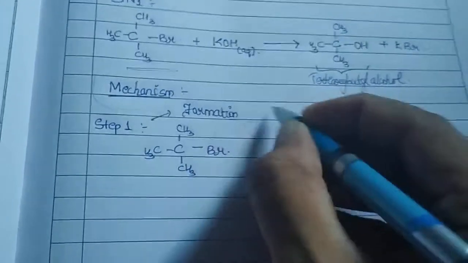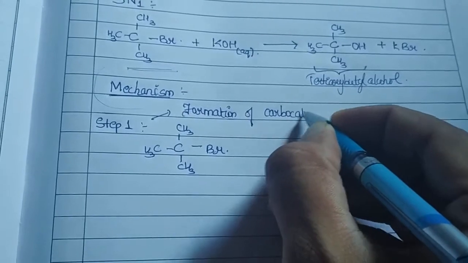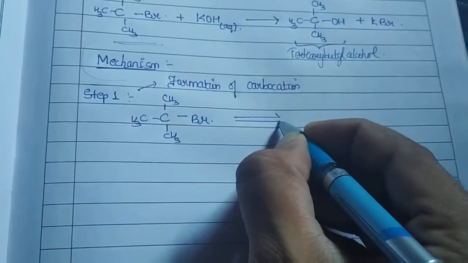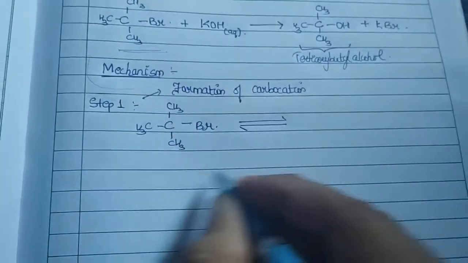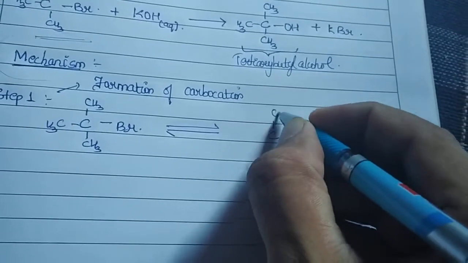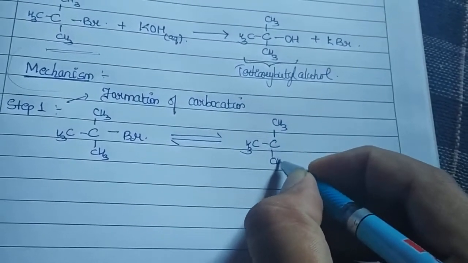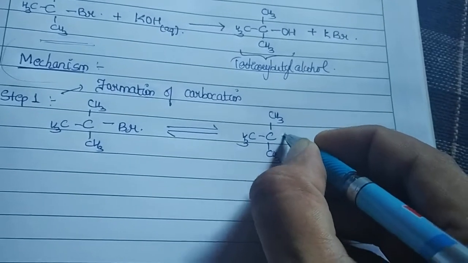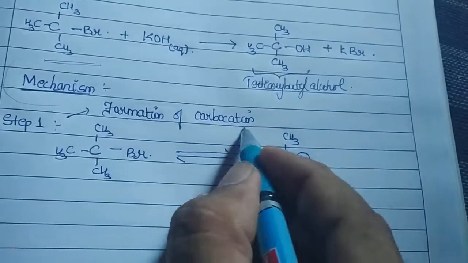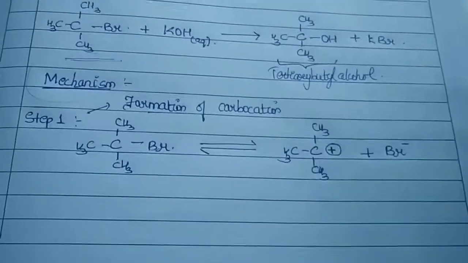Formation of the respective carbocation. So first it is getting ionized, and also this step is in equilibrium. So what I would be getting here is (CH3)3C+. So this is my first step where it is forming the carbocation plus Br minus.